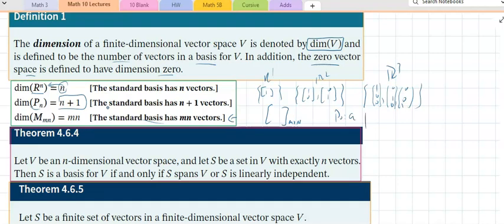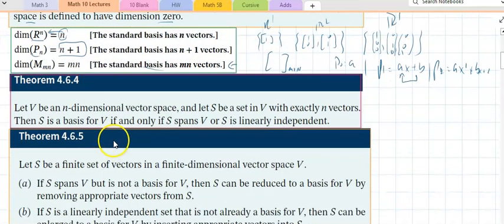And if you talk about, say, P sub 1, so a linear equation is really ax plus b, so you have 2 of those, and of course P sub 2, that's ax squared plus bx plus c, and the list goes on. So you see you're adding an extra vector every time.